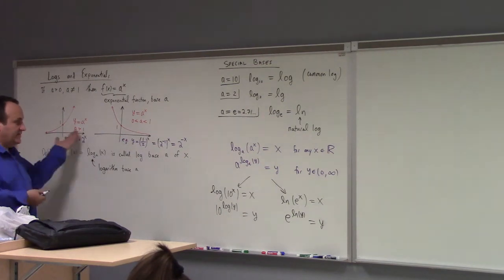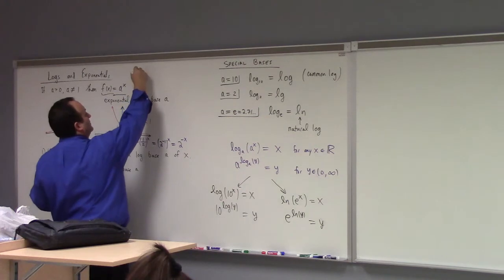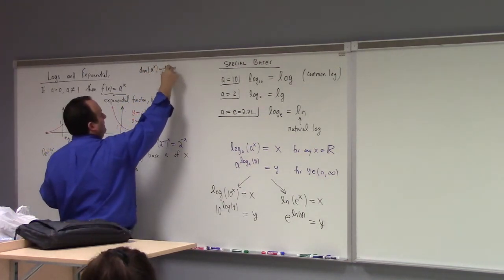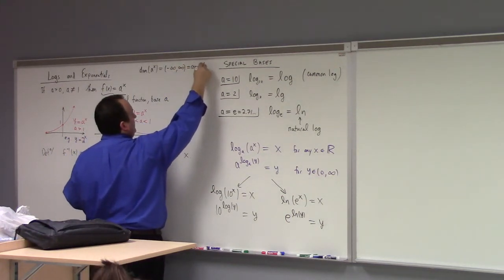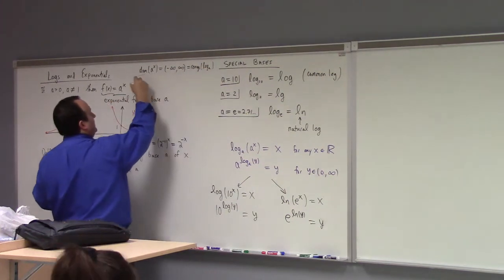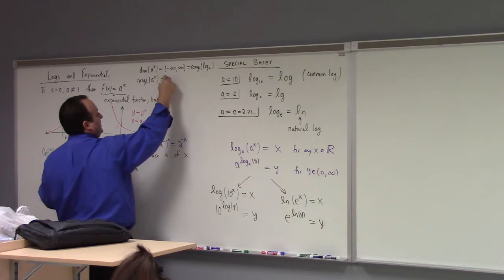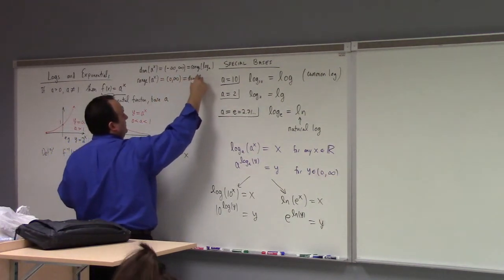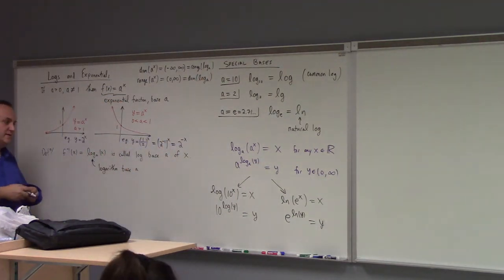So the domain of the exponential is the whole real line, and that's equal to the range of the logarithm. And the range of the exponential, which is positive numbers, (0, infinity), is equal to the domain of the logarithm. So there's always this complementary nature of the function and its inverse function.